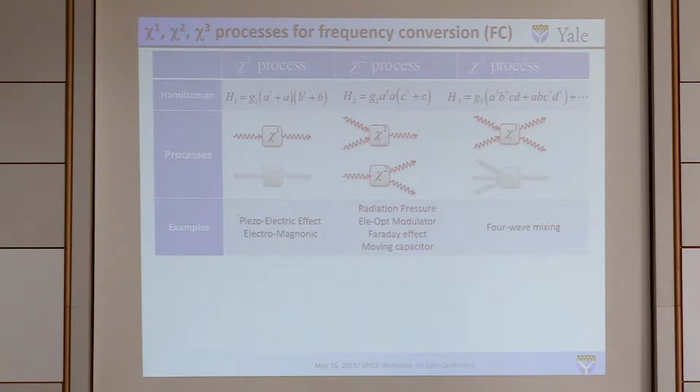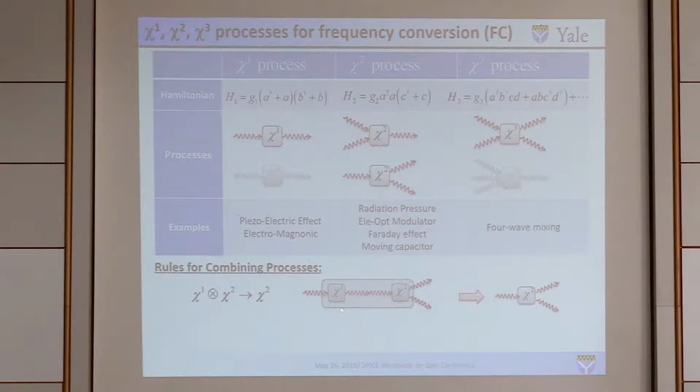I should emphasize that if you combine those processes, you can have different kinds of engineered Chi2 or engineered Chi3 processes. For example, if you combine one Chi1 process with a Chi2 process here, combine this one and this one, you have an effective three-wave mixing like this.